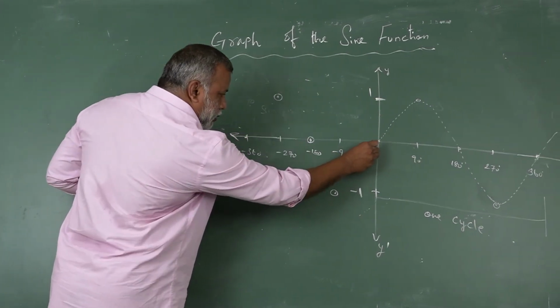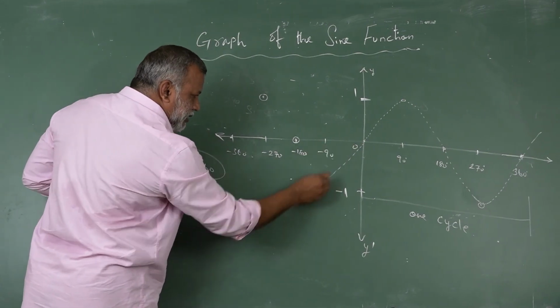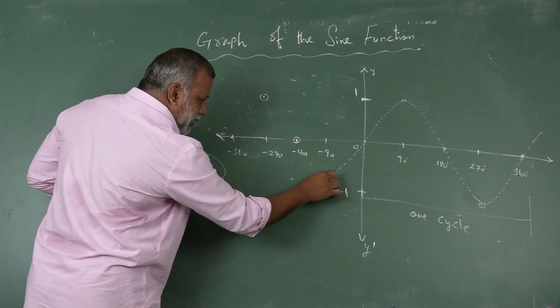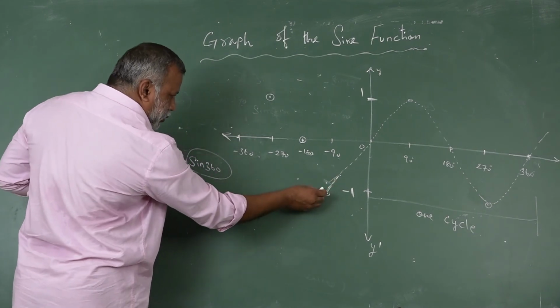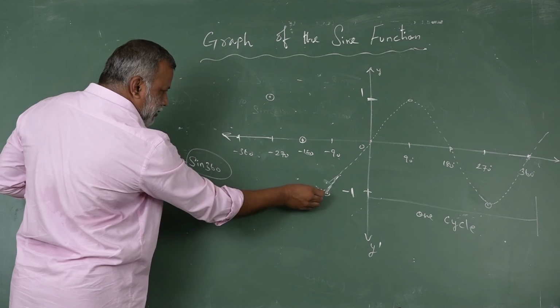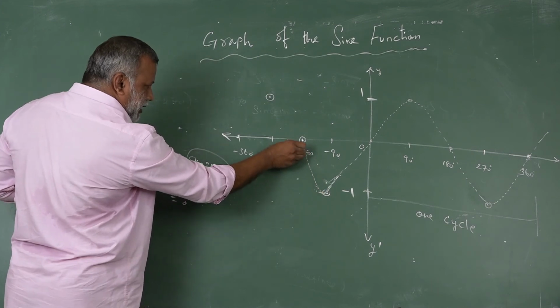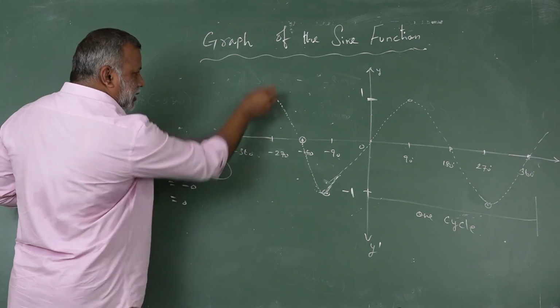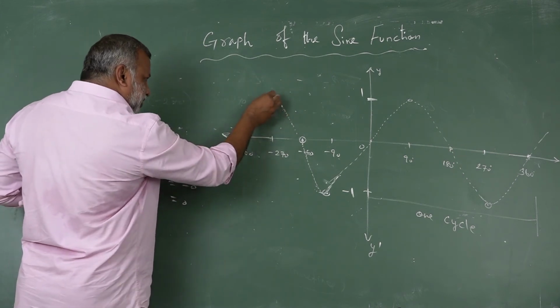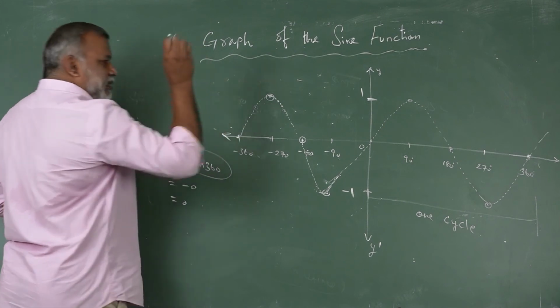From here it will take negative 1 here. After that, it passes through here. Then take a point here. Then it will take the highest value at minus 270. Once again, it reaches 360.